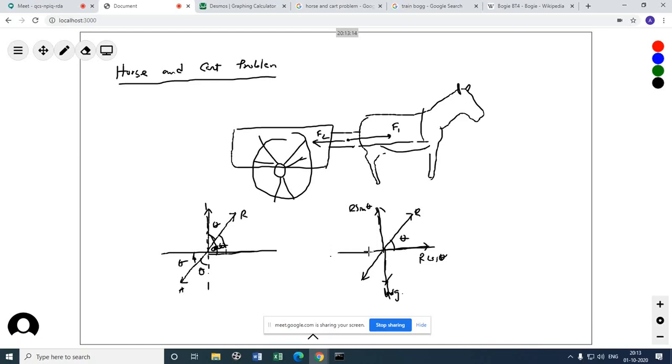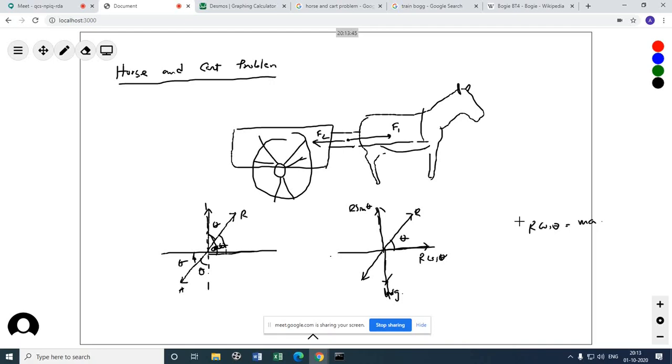R cos theta does not have any unbalanced force, so it will move forward, right? So R cos theta will be responsible for ma, meaning it will be responsible for acceleration. Got it? So the horse must hit the ground at a certain angle theta. If it doesn't, then it will not move forward. I have already explained this earlier. Okay?